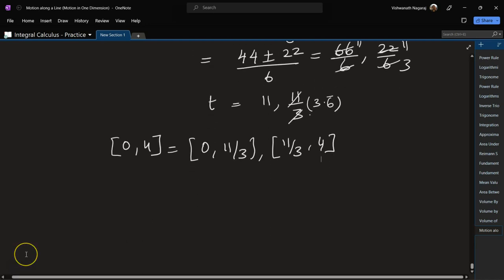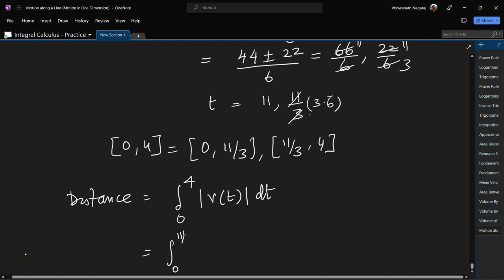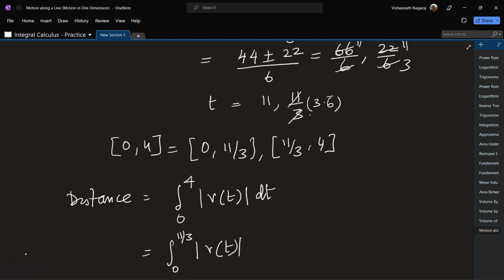Now let's do the integration based on this. So our distance is going to be the integral 0 to 4 of the absolute value of v of t dt, which gives us 0 to 11 by 3 absolute value of v of t dt plus 11 by 3 to 4 absolute value of v of t dt.